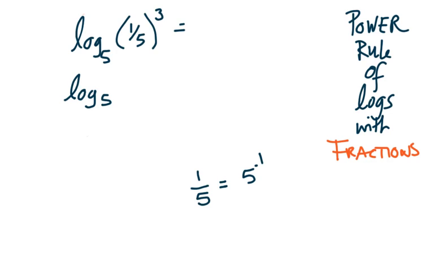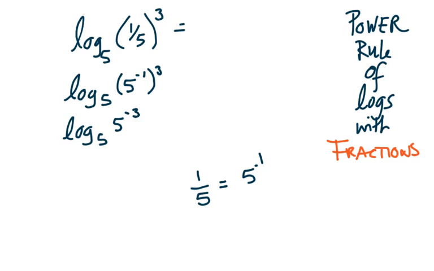It's the same thing, right? So I could basically write this as 5 to the -1 power to the third power. And I could consolidate more. And I could write this as 5 raised to the negative 3 power.